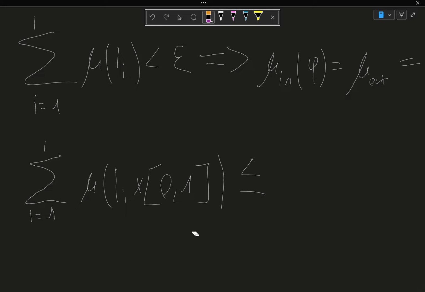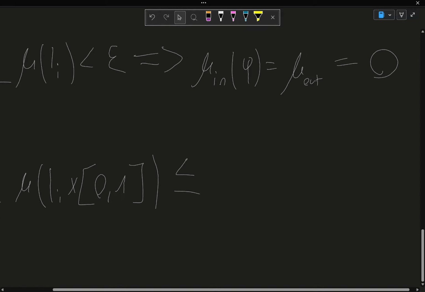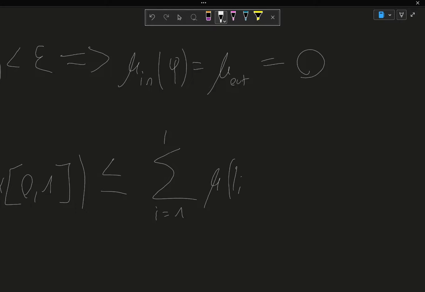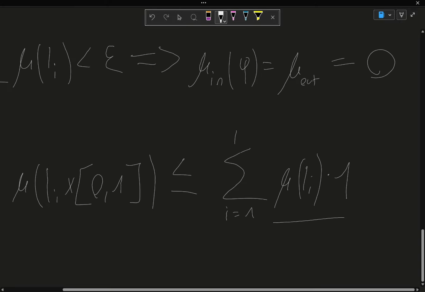So if we take the biggest element in this interval right here, we will for sure be bigger than if we take any other element. So the biggest element right here is 1. So we can rewrite everything right here as the sum of i equals 1 up to L of mu I times 1.